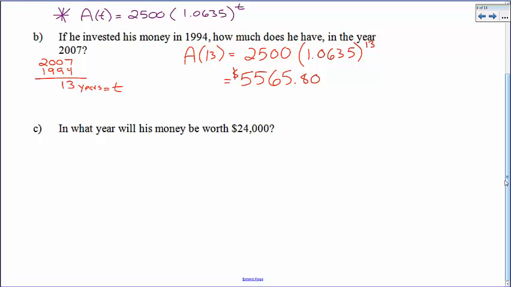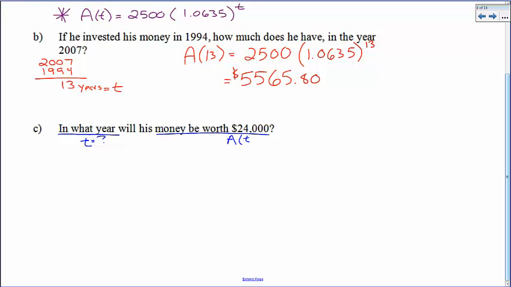In C, we are once again asked to find a year when a final value will be reached. In other words, we're looking to find a time t given a final value a of t. Once again, when you have a problem where you're looking for the time, it is much easier to use the table function in your calculator than to do the manipulation.